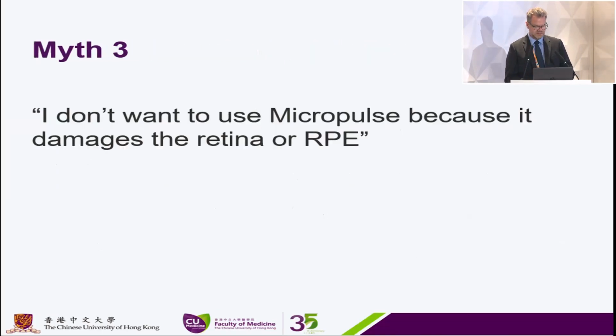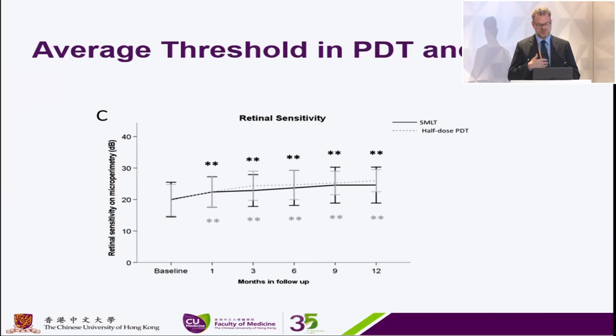Myth number three that I've heard a lot, I don't want to use micropulse because I hear it damages the RPE. I think we've dispelled that one already because the basic science has been demonstrated already to show that there's no damaging effect to the RPE. I guess what I can add is that for all of our patients at every visit, we performed microperimetry. So we have really good longitudinal data on retinal sensitivity using microperimetry.